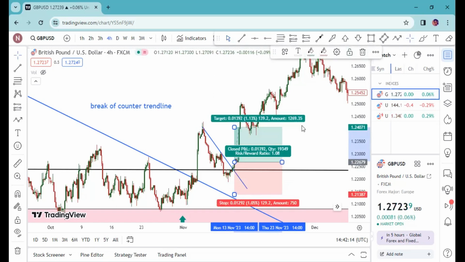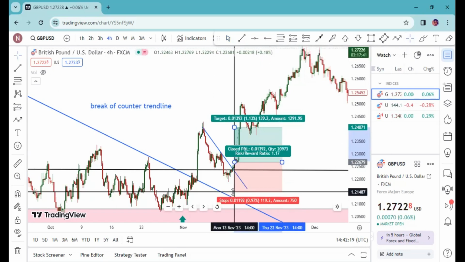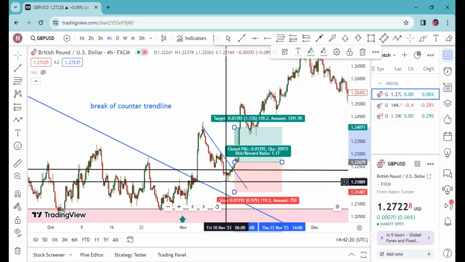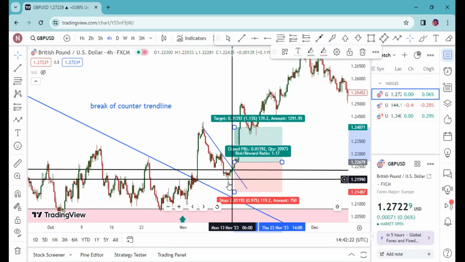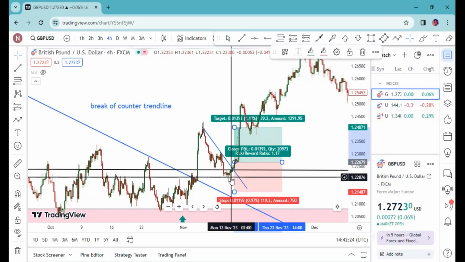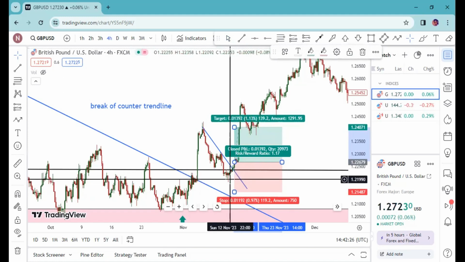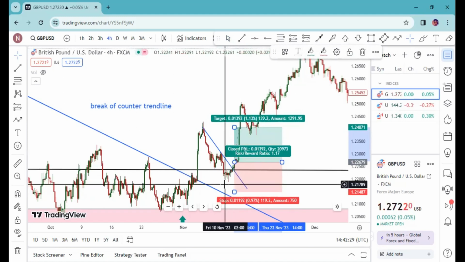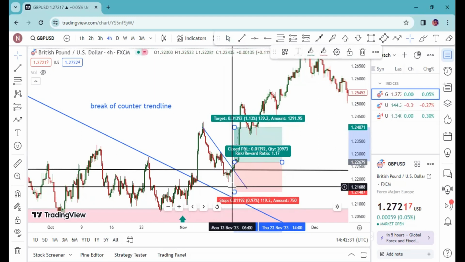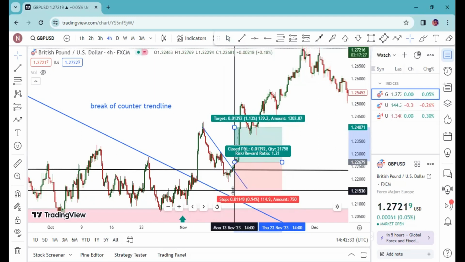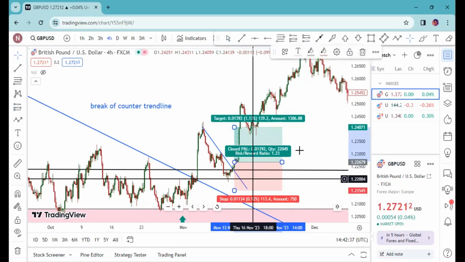Let me use the last low here. I don't use this one, it's too small. I want to give the market some space. So I place my stop loss at this low.